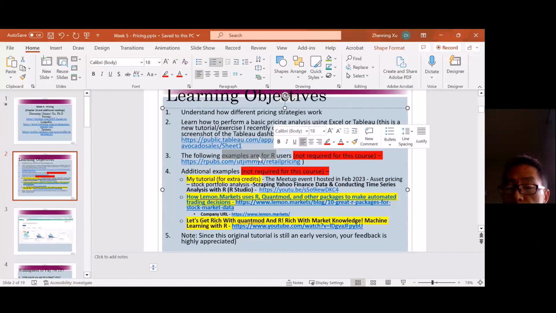You're probably wondering, why is this useful? Why is this important? Financial institutions, for example Lehman Markets, actually use quant models to make automated trading decisions. And as a personal investor, maybe you want to learn some of these tools on your own. So these are additional resources.